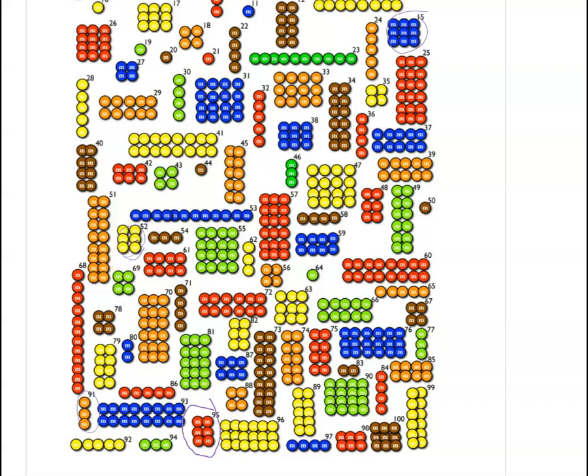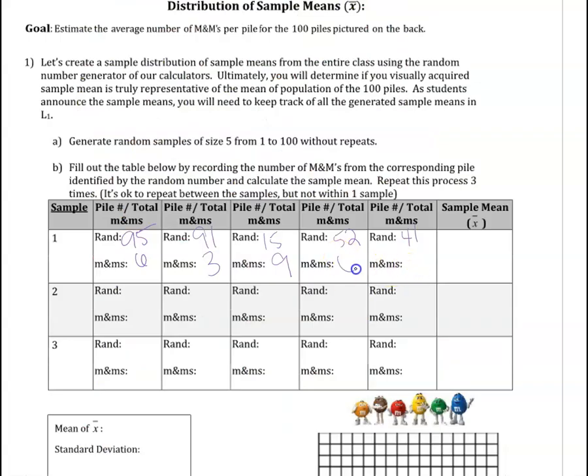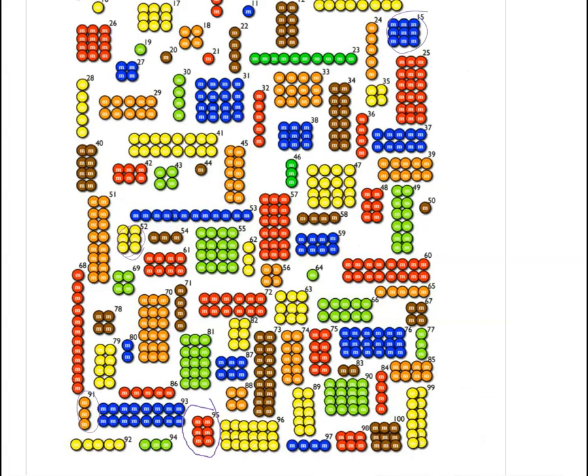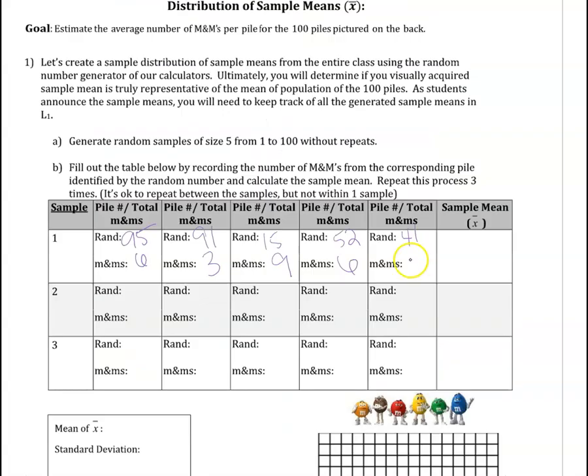Okay, 3 by 2 is a 6, and 41. 2 by 1, 2, 3, 4, 5, 6, 7, 8. So that would be 16. That's a lot. Okay, great.